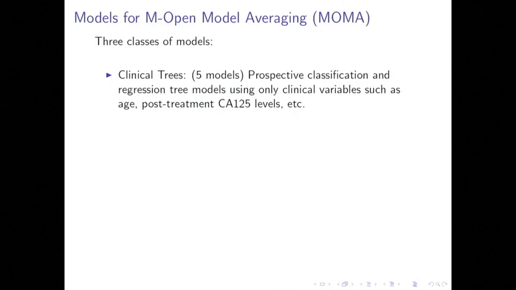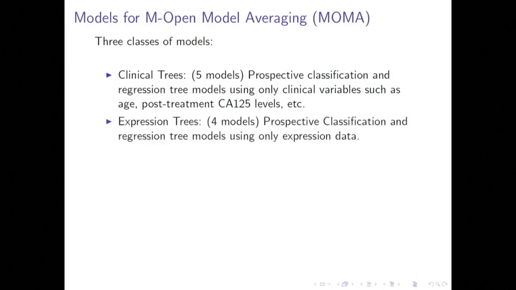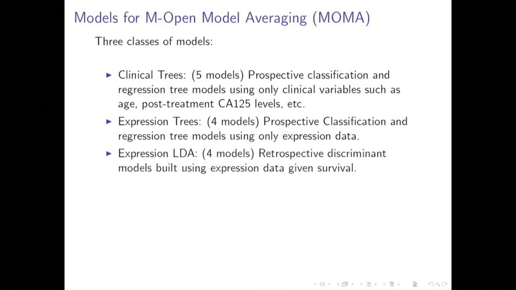At this point, there were different classes of models. Some of these were based on tree models, looking at models based on only the clinical predictors. There were models that used all of the expression data, with additional trees from that. Linear discriminant analysis is another approach. If you think about these models here, these were prospective logistic-like models.